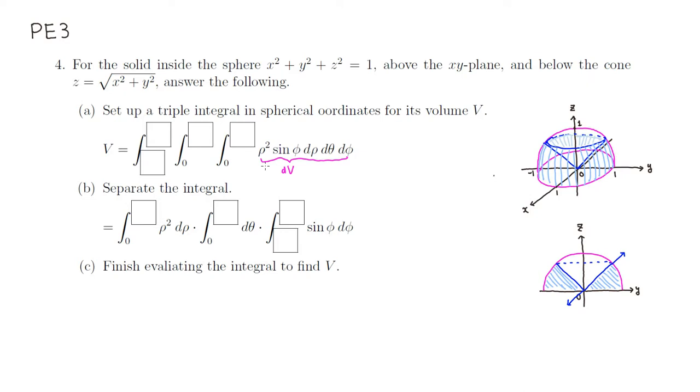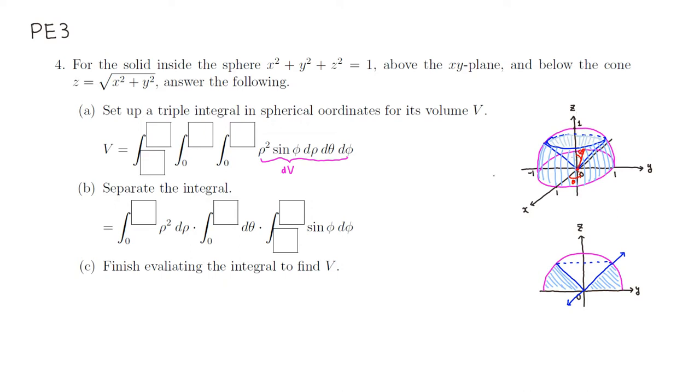We fix theta and phi, so we basically fix the angles. Theta is the angle around from here, and phi is the angle from the positive z-axis.